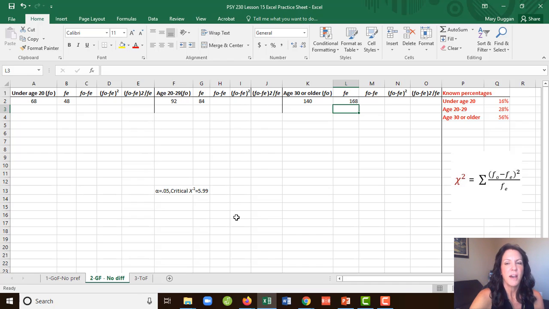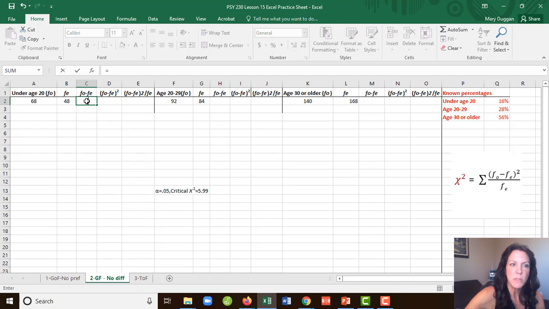So now we're going to do the chi-square to see if these differences that we're seeing between our particular sample and the population mean something or if it's just random error. So the first thing I do is take the observed frequency in the first category minus the expected frequency. And then I take that deviation and I square it.